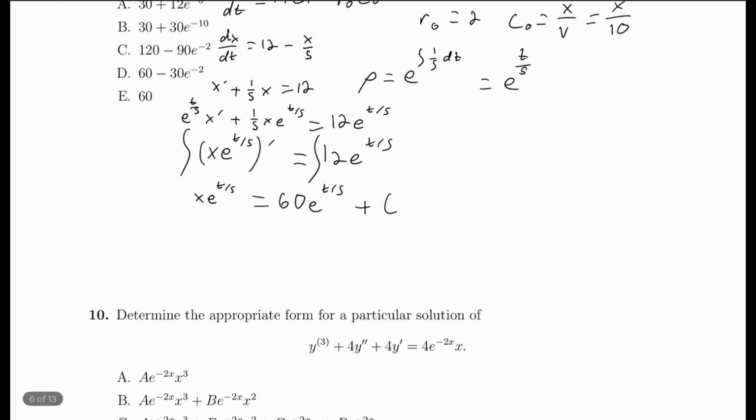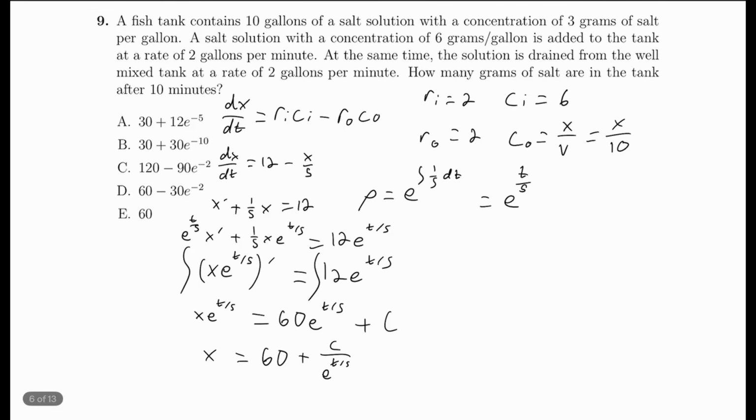We now need to go ahead and isolate x, so we'll divide both sides by e to the t over 5. That'll cancel out on this 60 term, and then leave us with 60 plus c over e to the t over 5. We're now given our initial conditions, but we're not given directly what we need. So we know at t equals 0, we're not given the actual amount of solution, we're just given that there are 10 gallons with 3 grams per gallon.